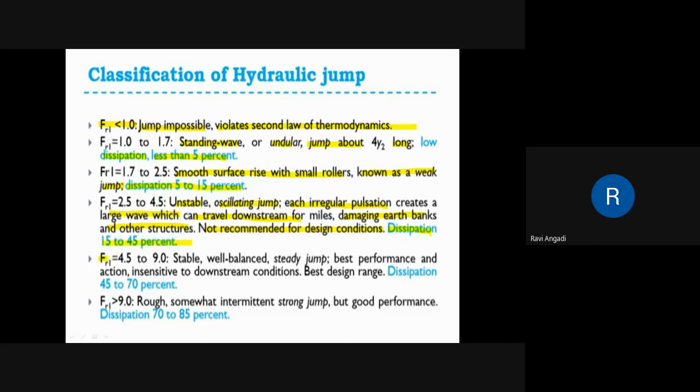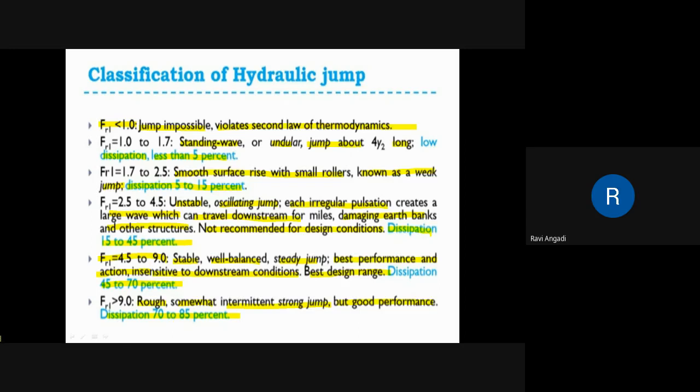The Froude number between 4.5 to 9 gives a stable, well balanced, steady jump, with best performance and action. Insensitive to downstream condition, best design range, dissipation of energy will be 45 to 70%. Okay, these are some comments. If the Froude number is greater than 9, rough, somewhat intermittent, strong jump, but good performance, dissipation will be 70 to 85%.